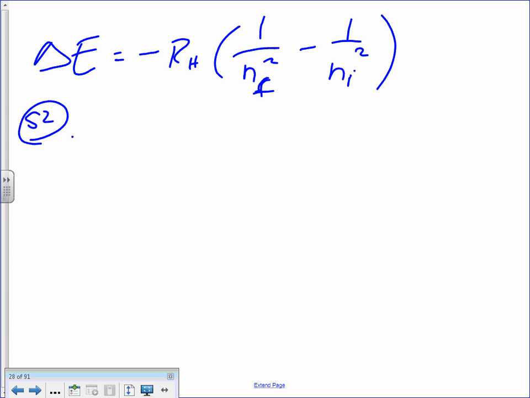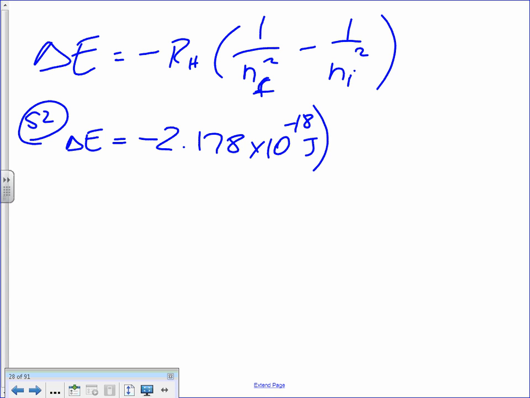So what is the RH value? You wrote it down. Negative 2.178 times 10 to the negative 18 joules. Okay, so that's the constant. And then what is the N final for part A?